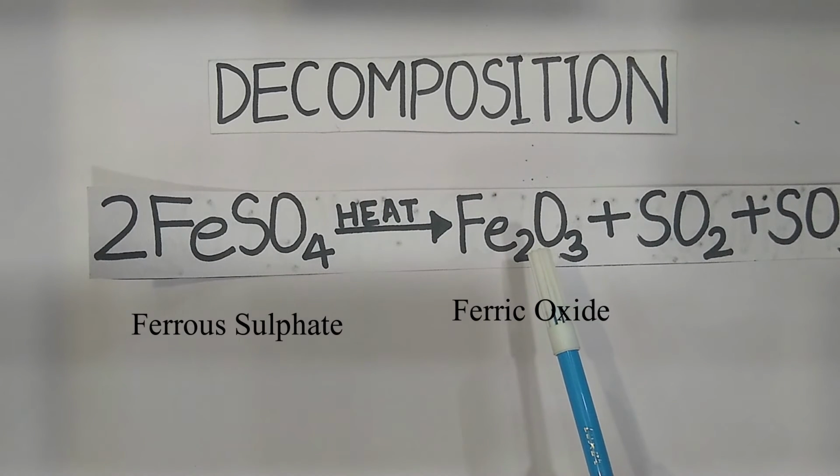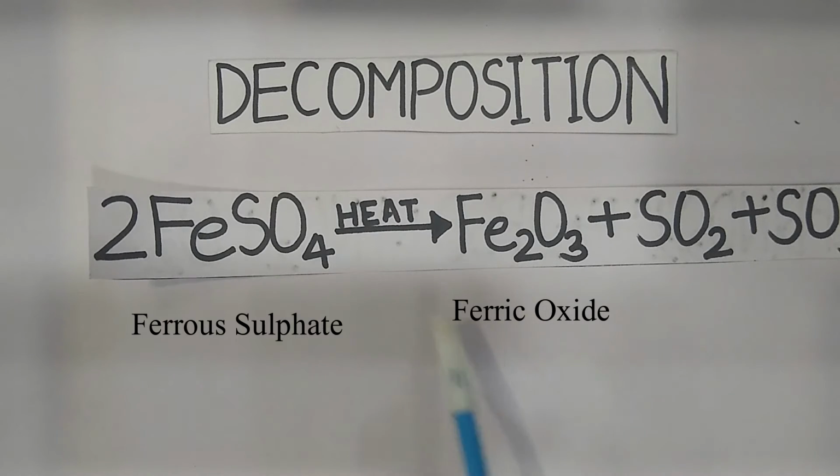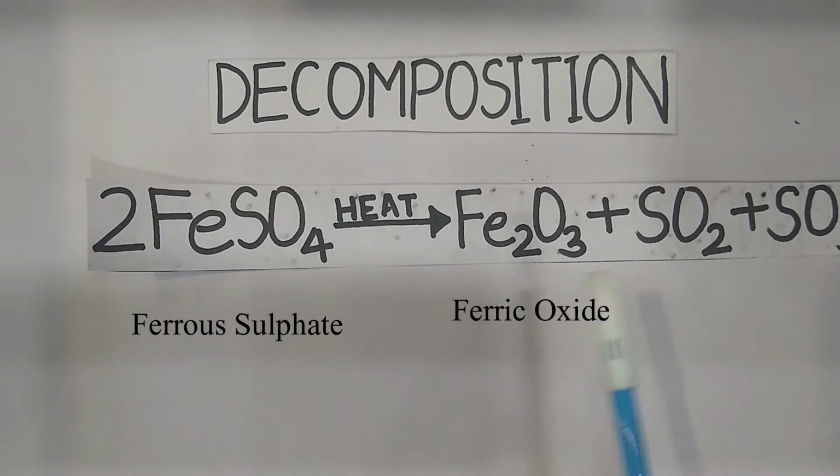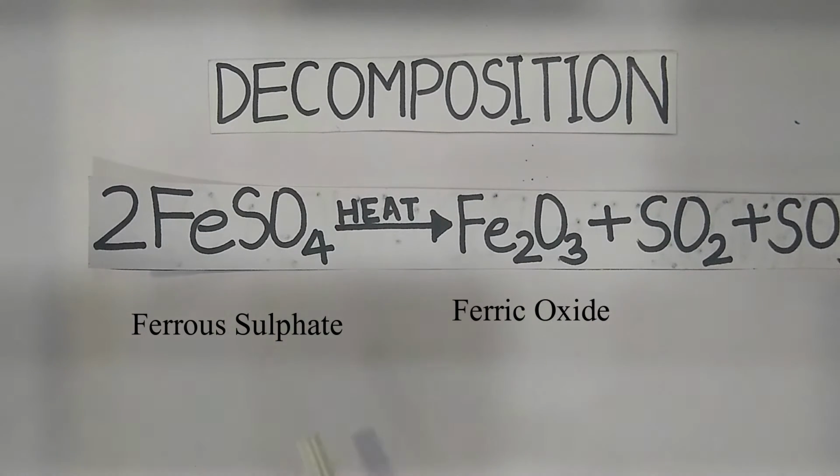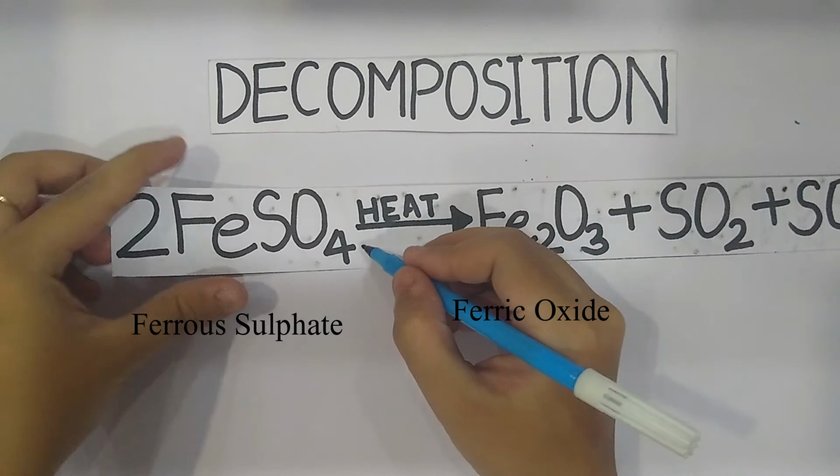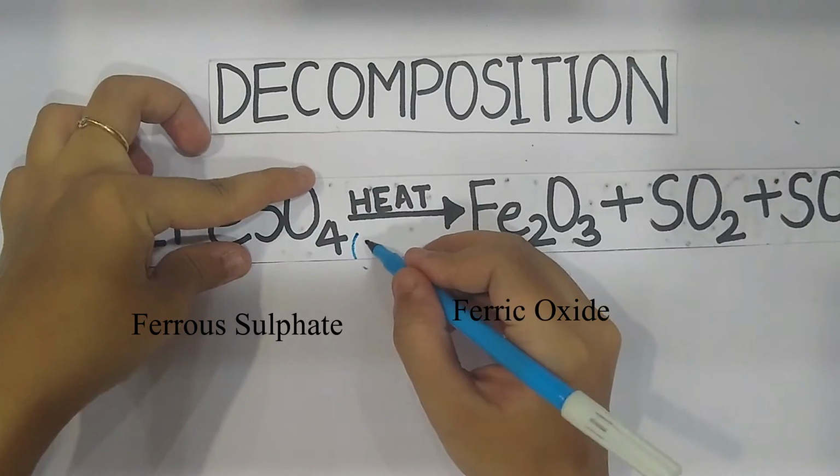Fe2O3 is ferric oxide. Okay. You need to note all of this down. Ferrous sulfate, ferric oxide. Alright. And we also need to write down the state symbols. FeSO4 would be solid.